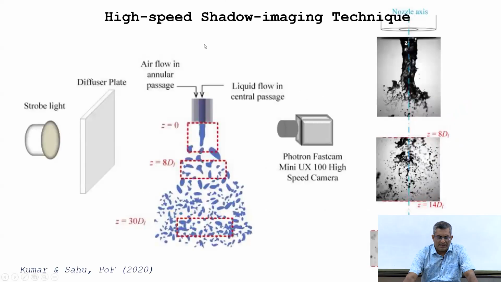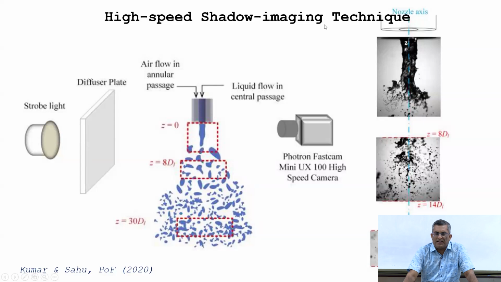The next technique is the shadow imaging technique, and if we use a high speed camera, then it is called high speed shadow imaging technique. But in general it can be called shadow imaging technique.